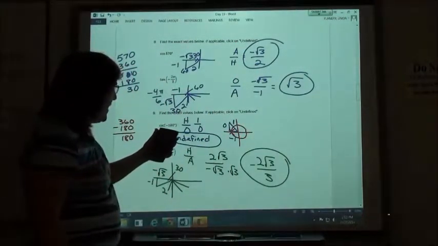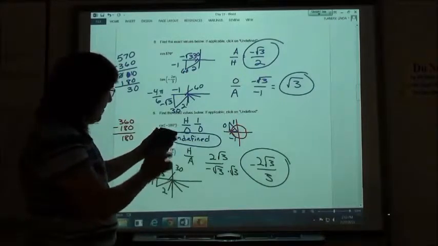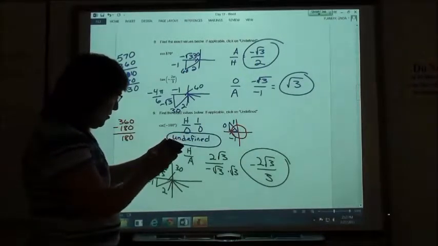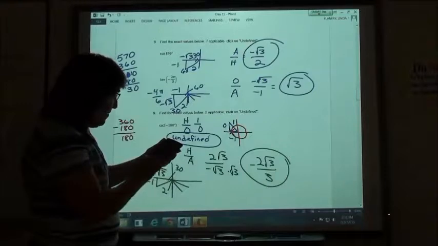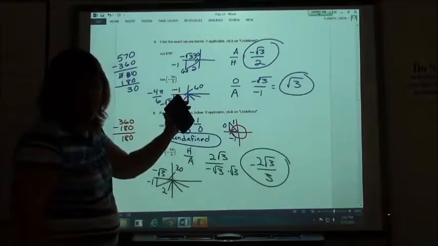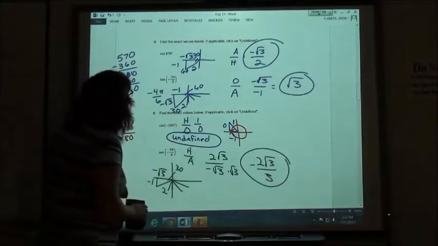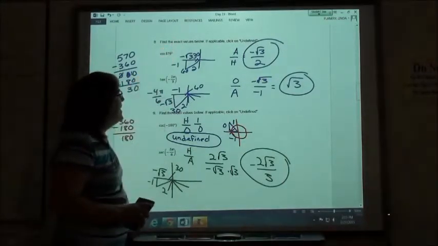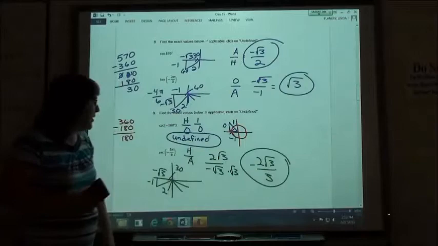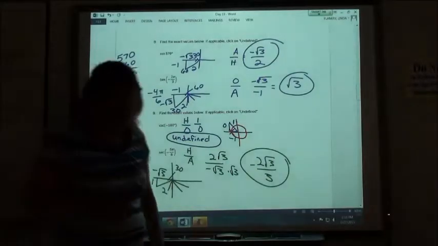My calculator, I get negative 0.866. But if I put in negative square root of 3 divided by 2, I get that negative 0.866. Same equivalent answer. So a calculator doesn't work very well since I want exact, unless it would happen to come out to something really nice, like 1 or 2 or negative 1.